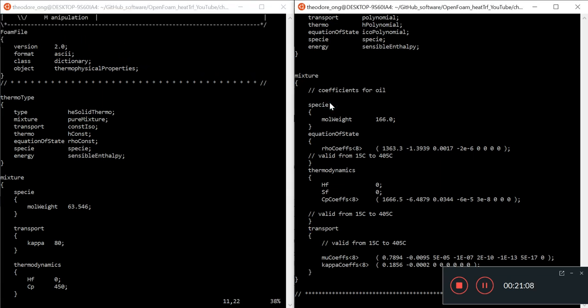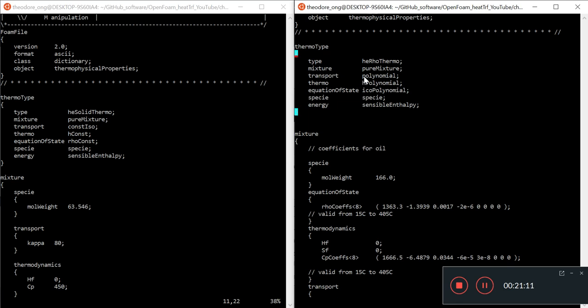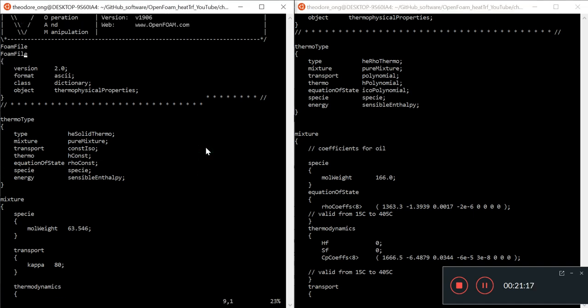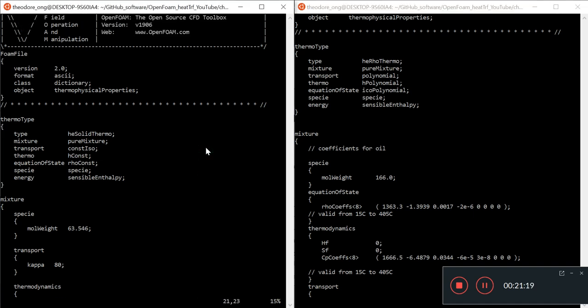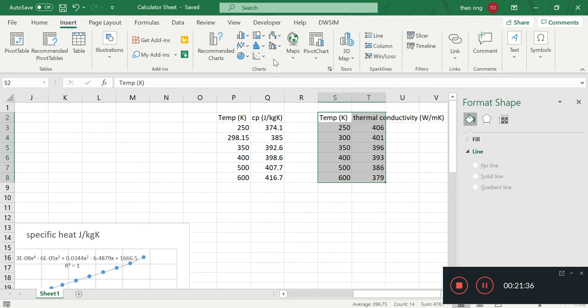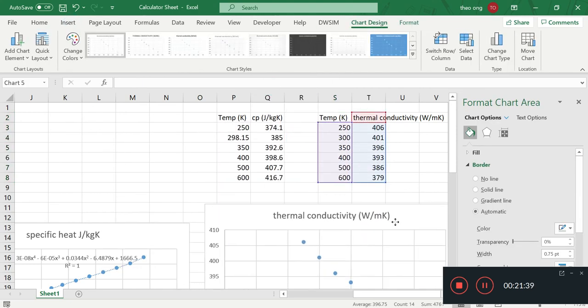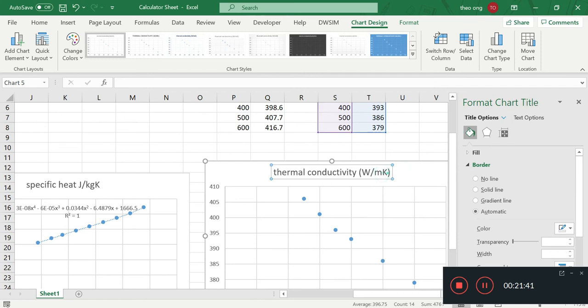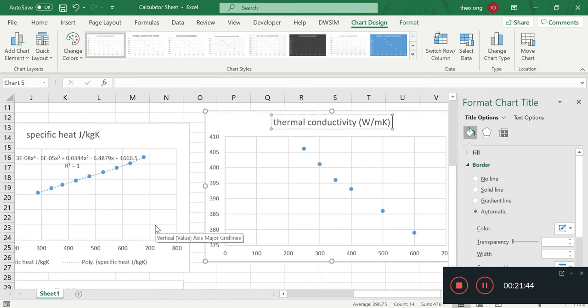So we can try just putting in this polynomial model first. So let's do a polynomial model for transport, and let's figure out what the polynomial to put in is for copper.